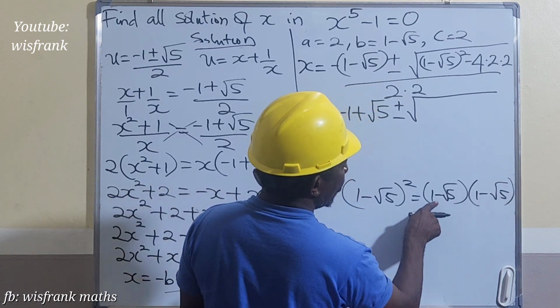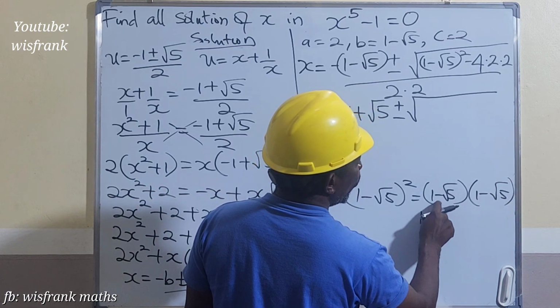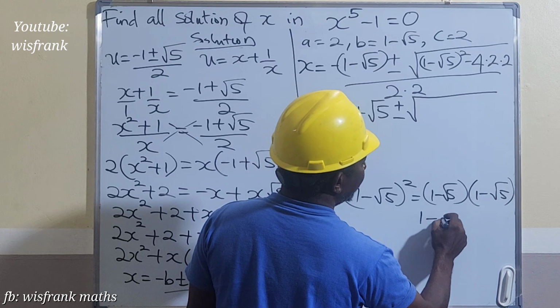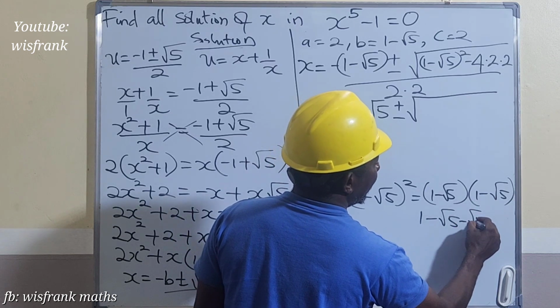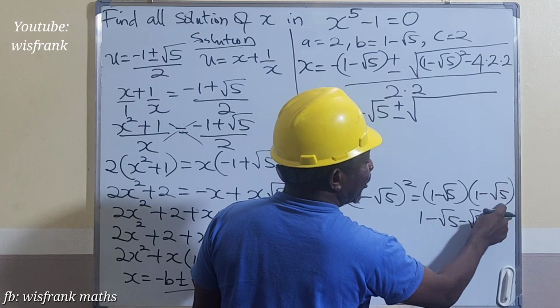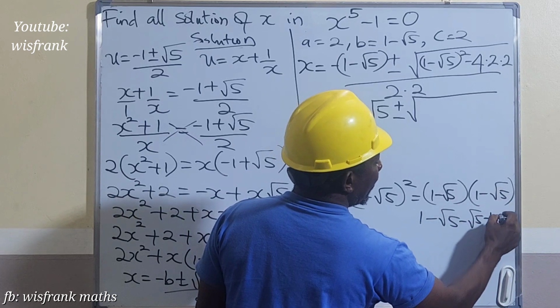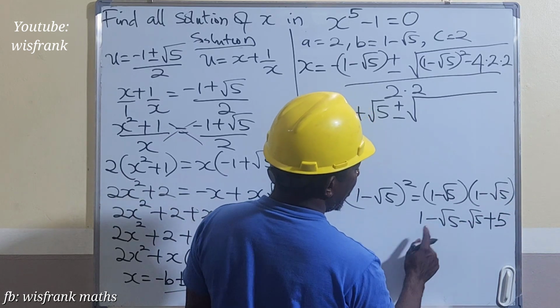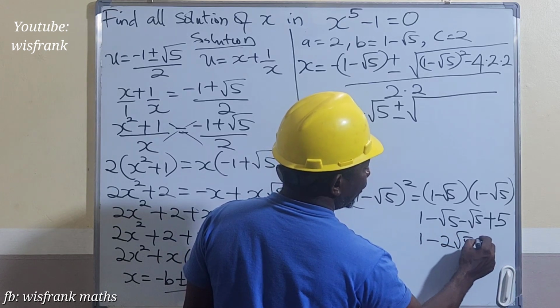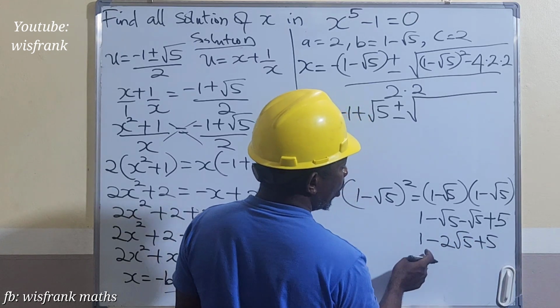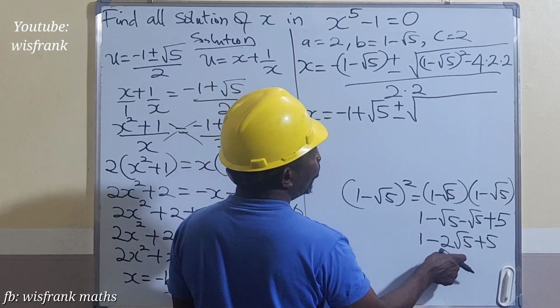So expanding this, 1 times 1 will give us 1. Then 1 times minus root 5 will give us minus root 5. Then we have minus root 5 times 1, and minus root 5 times minus root 5 will give us plus 5. So here will become 1 minus 2 root 5 plus 5. So this is what we have.